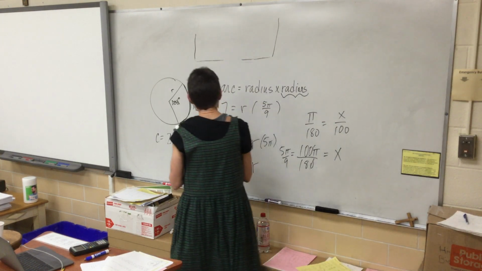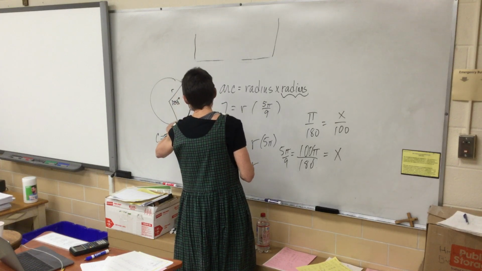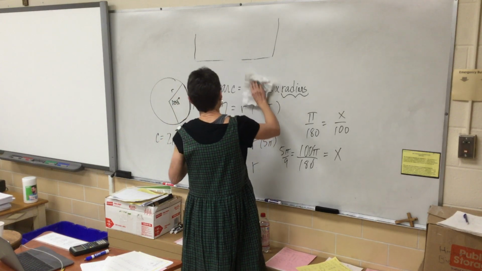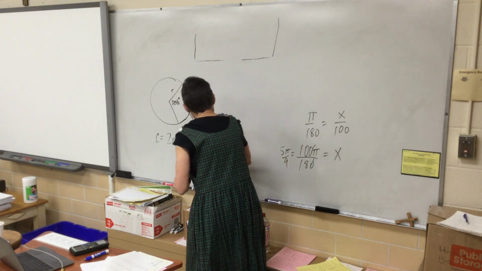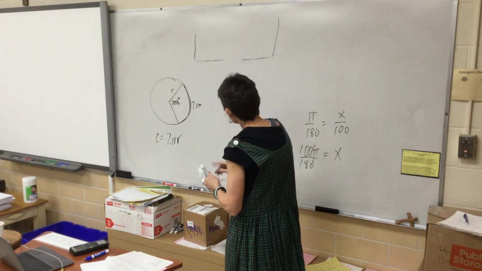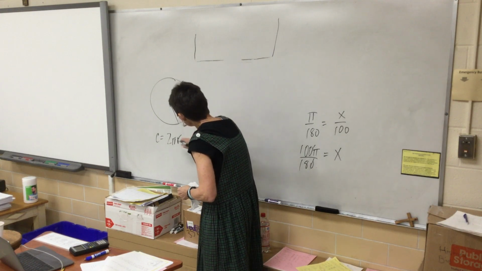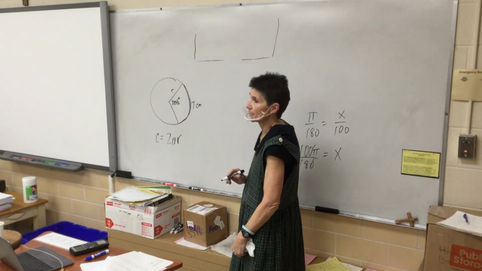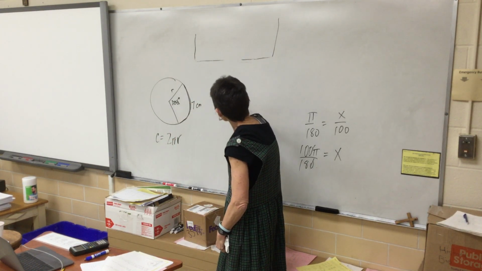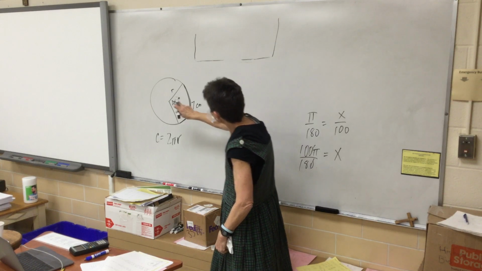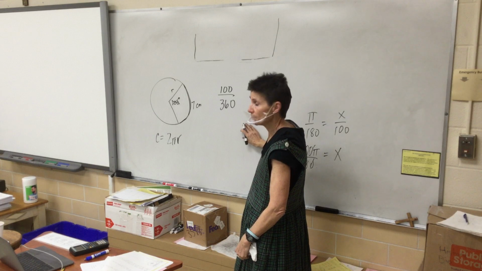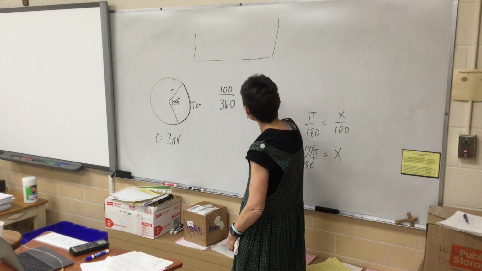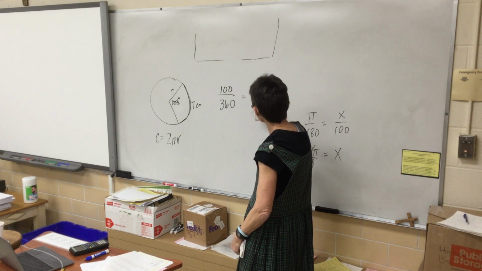I know that this piece of the circle, though, is a piece of the whole circumference. So I could set up a proportion that said 100 degrees is to the whole circle as 7 is to the whole circumference.